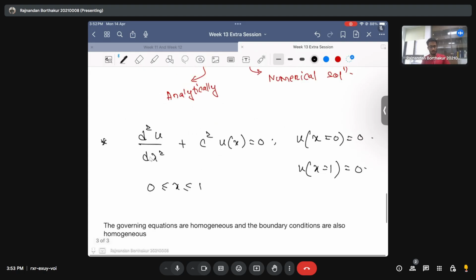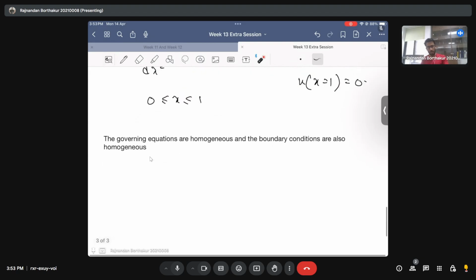So then how do we solve this? Since this equation is an ODE, and it's a second order ODE with constant coefficients, we know how to solve this analytically. So what we'll do is we will substitute u of x as e power kx.